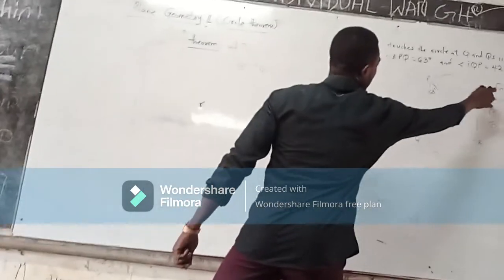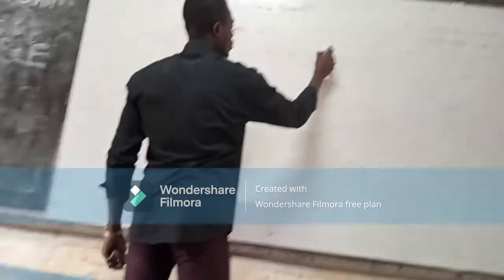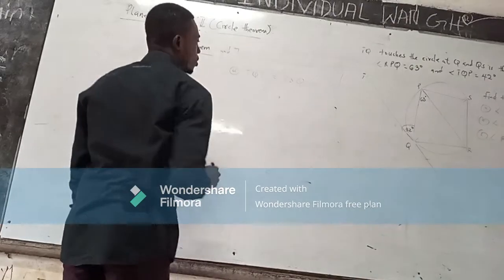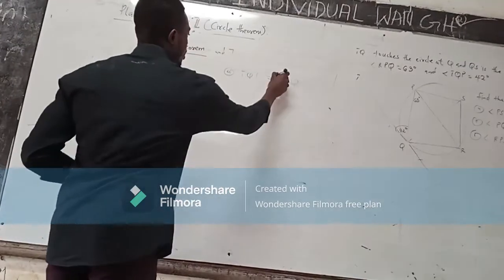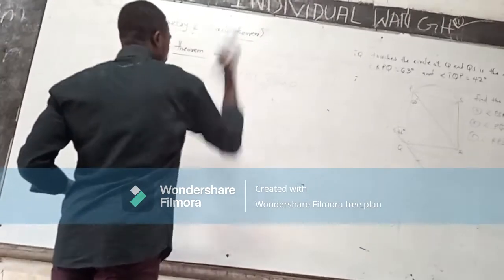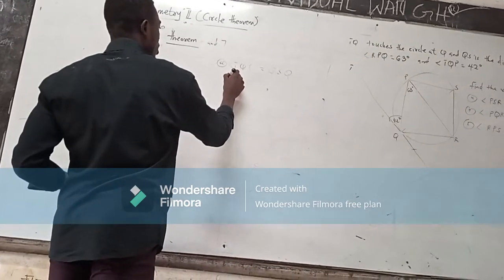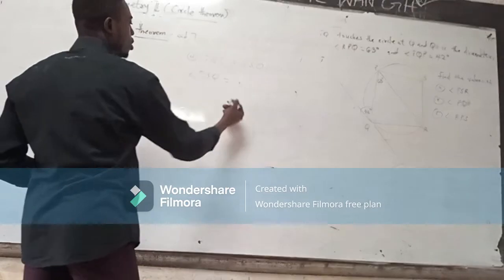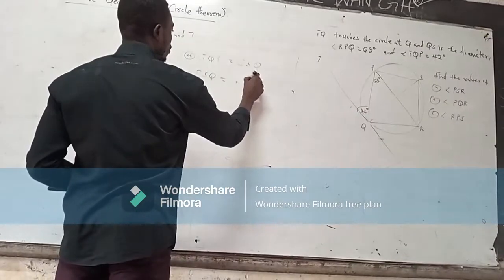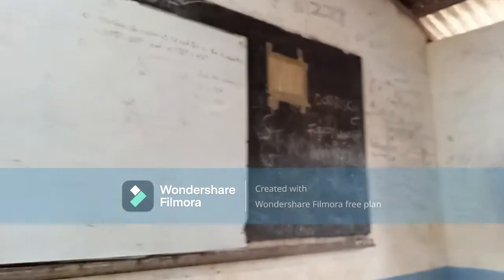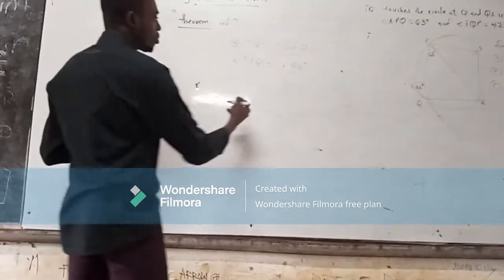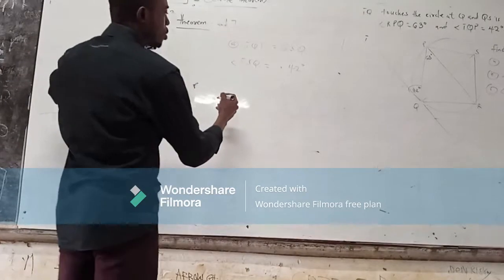So that is PSQ. So it means that angle PSQ is going to be equal to what? 42 degrees.